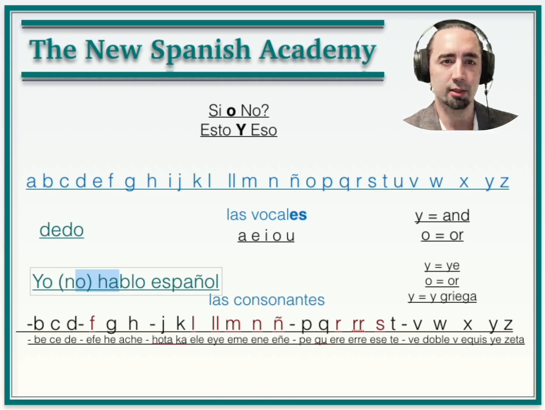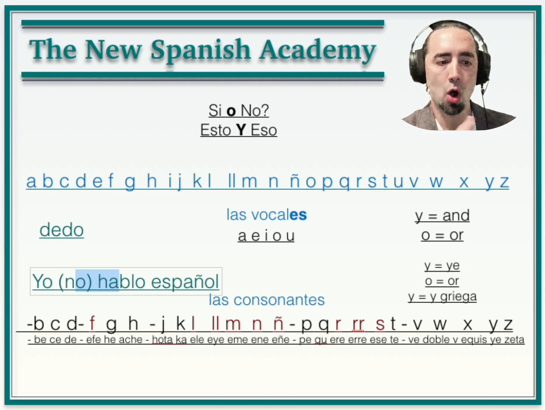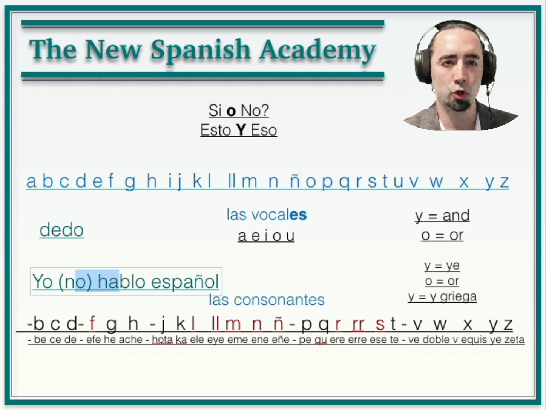If you connect the o and a: no hablo. Why do I say this? Because many people, for example Asians, cut the words and say no hablo español. You want to connect and say no hablo, no hablo, until it becomes just like a string attached.